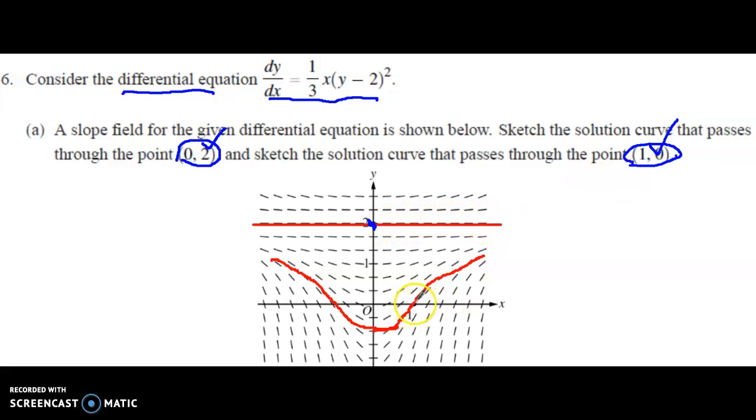For the point (1, 0), which is right here, I'm going to follow the slope field, and the slope field guides me into the shape that I have here. Just to be safe, I'd probably make that just a tad longer over here, and I'm good on the other side. We'll look at the scoring guide after we look at all of my solutions.